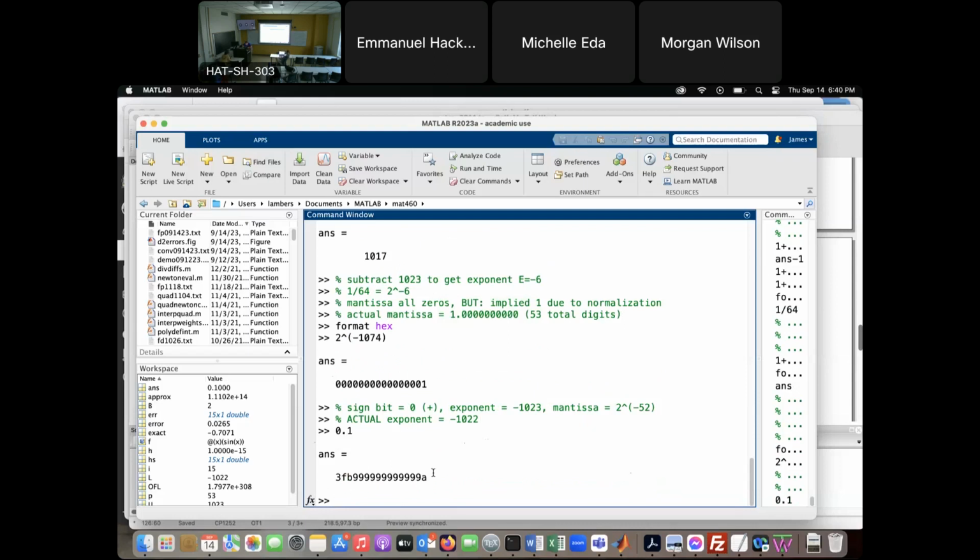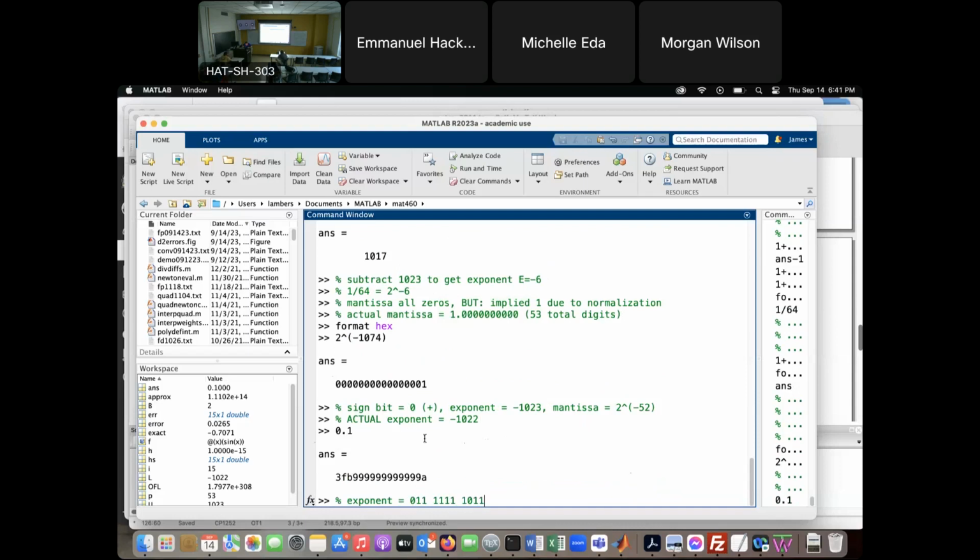So what does this mean? If I pick this one apart, I know class is almost over. The exponent, okay, so that's 0, 1, 1, B, which is 11 in hexadecimal, so that would be 8.